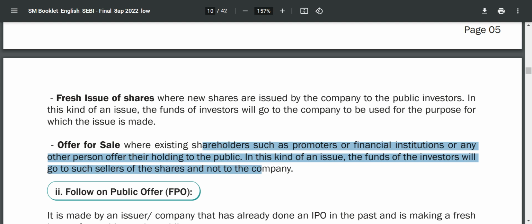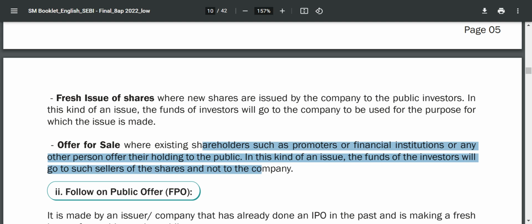So the big difference between a fresh issue of shares and an offer for sale is that in a fresh issue, the funds the company raises from the market go to the company's financing.